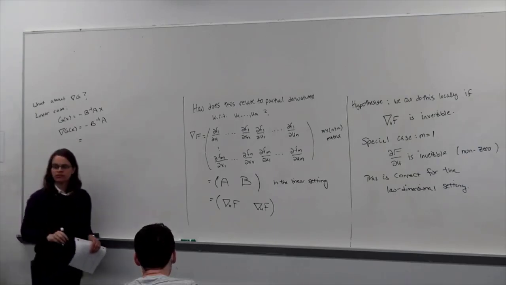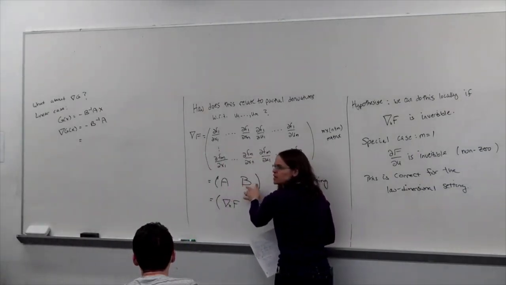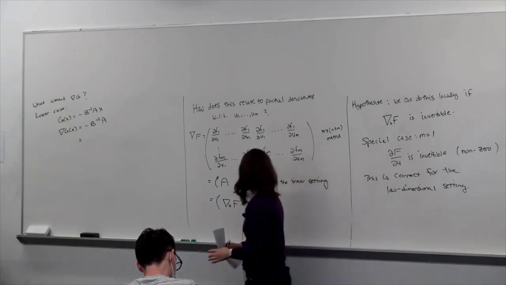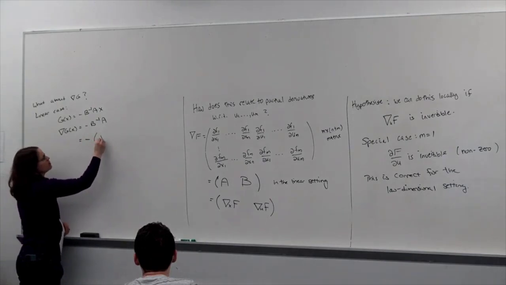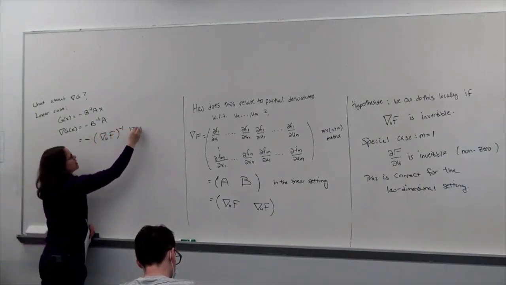In this particular linear case, I could interpret these matrices A and B as the different components of my Jacobian matrix. So this is minus the U Jacobian inverse times the X Jacobian.